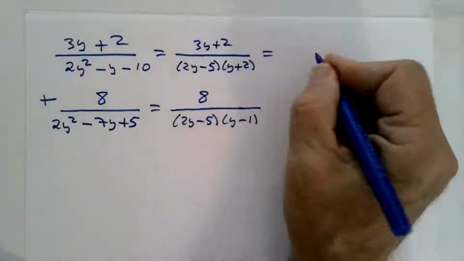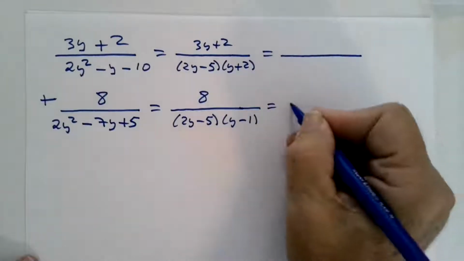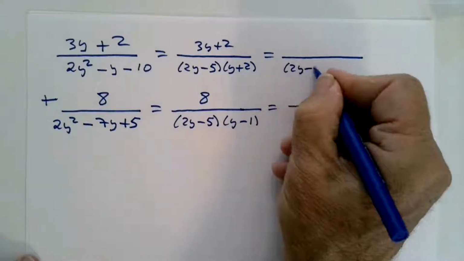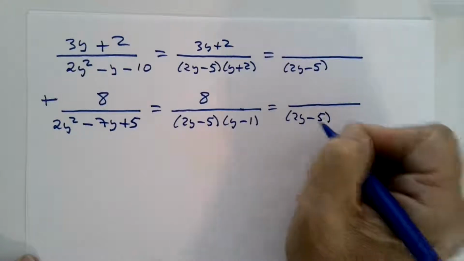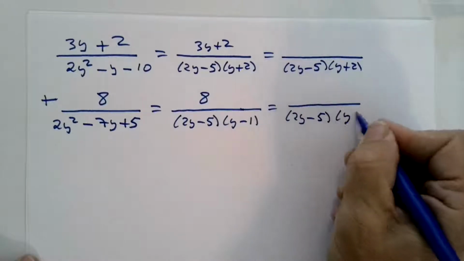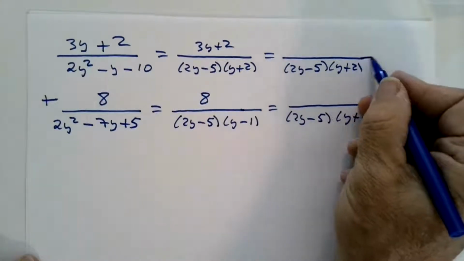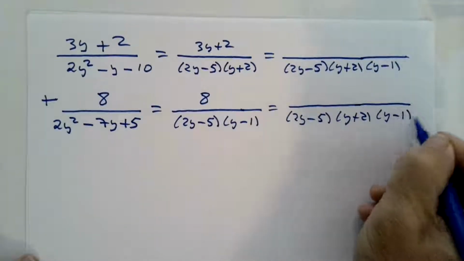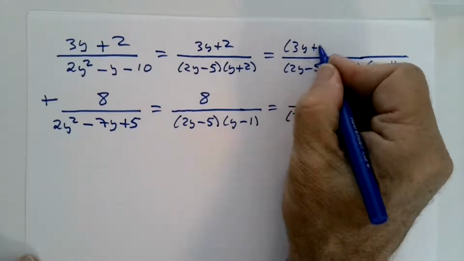Let's build our common denominator. 2y minus 5, most I see in any one place is 1. Y plus 2, most I see in any one place is 1. Y minus 1, most I see in any one place is 1. Bring over the numerator, 3y plus 2.